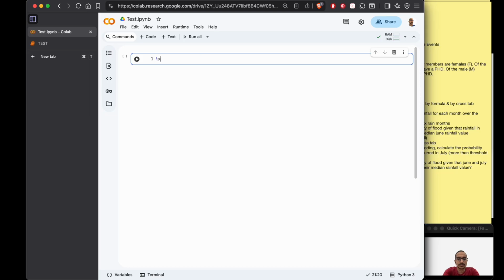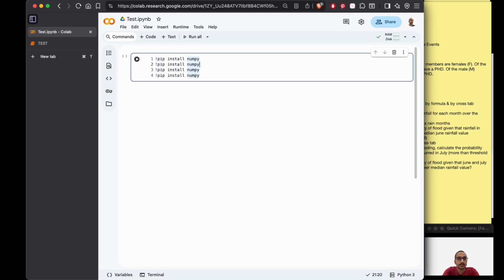We'll do the usual ceremony: pip install numpy, pandas, matplotlib, Seaborn.